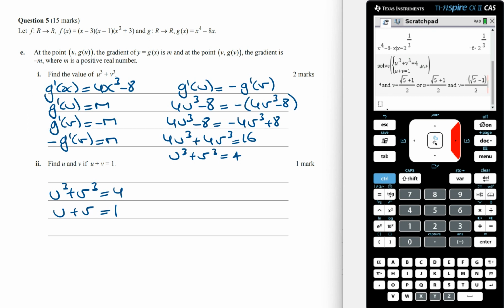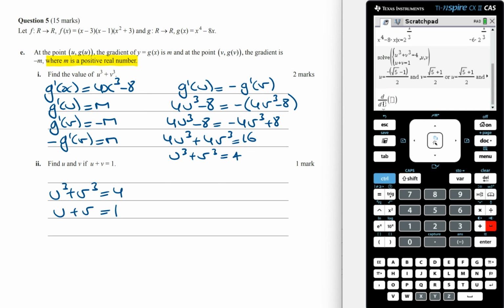We're told that g dash of u is equal to some value m, where m is a positive real number. And so what we need to do is test for which value of u we're going to get g dash of u to be a positive number. Evaluating g dash of u where u is equal to this number, we can see whether this is going to be a positive or negative number. And so deriving g of x again, we want to evaluate it when x is equal to this value.